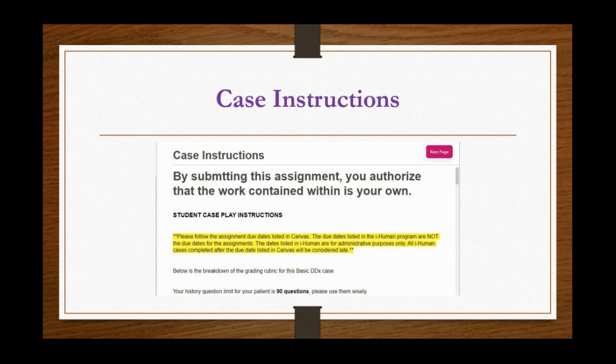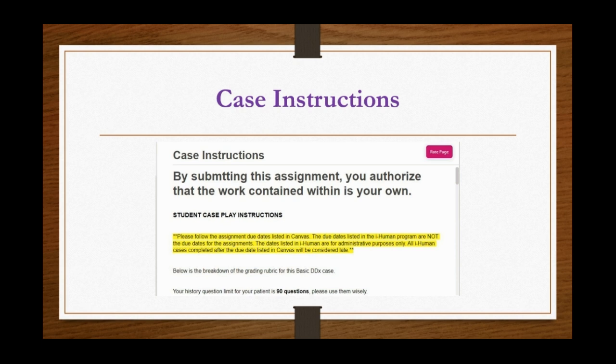Now, for us to actually note or identify the differences between the learning mode and the complete case mode, we'll have to look at the grading rubric for a basic DDX or differential diagnosis case.